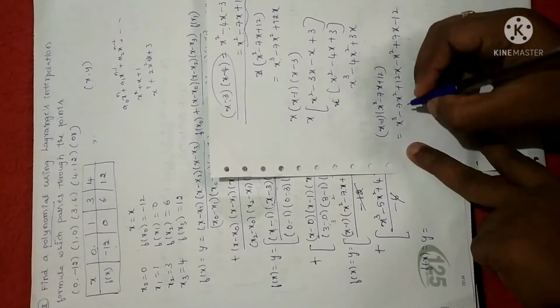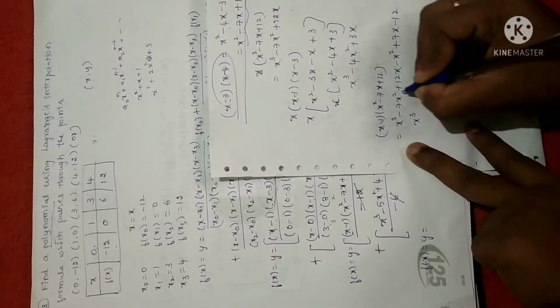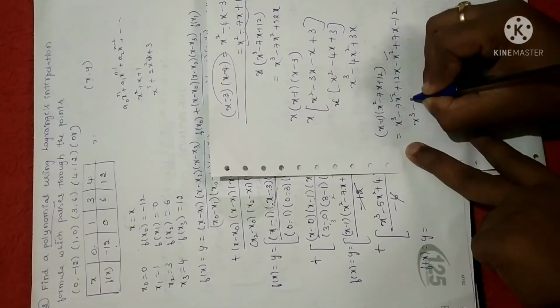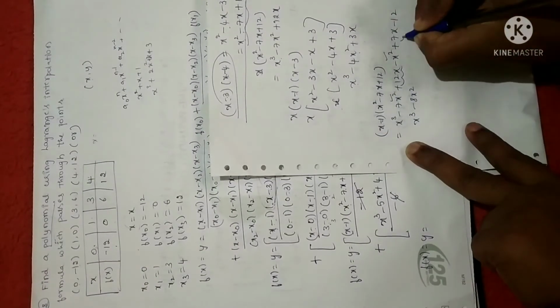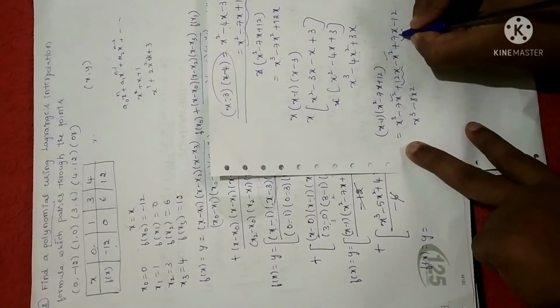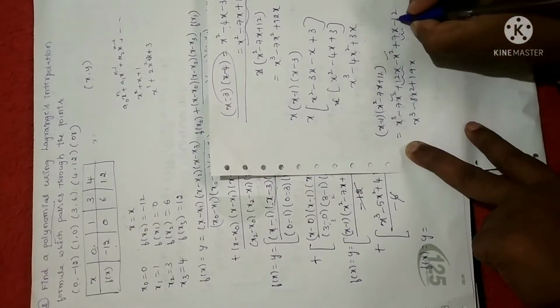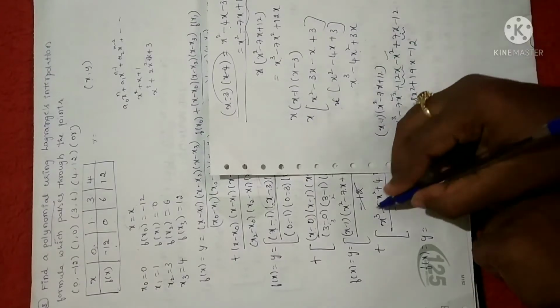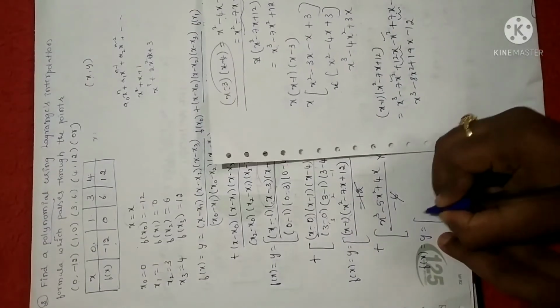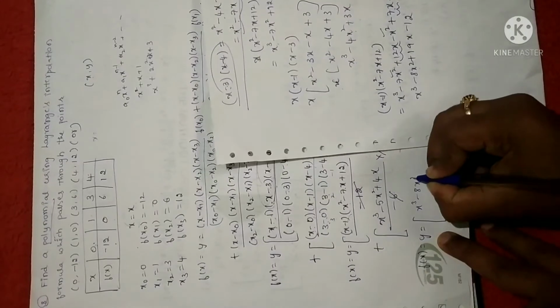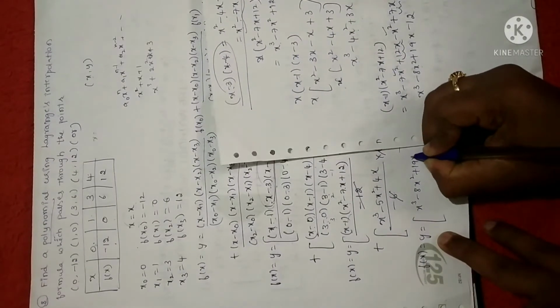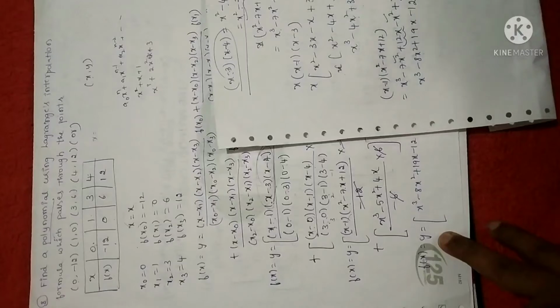Now let me simplify: x cube as it is, minus 7x square minus x square is minus 8x square, plus 12x plus 7x, that is plus 19x, next minus 12. So these two terms I have multiplied: x cube minus 8x square plus 19x minus 12.